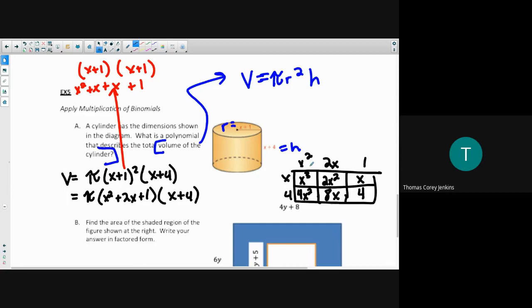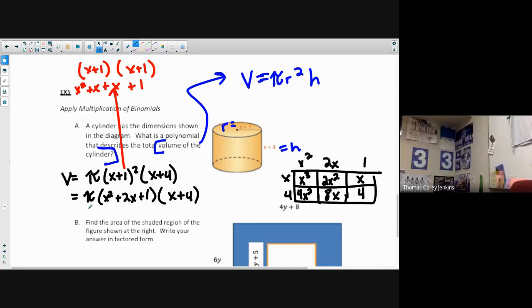Some of them are like terms, so we just want to make sure we don't repeat those like terms, okay? So overall, we'd have pi times, you have x cubed. I'd probably mark these out as I went. X cubed. You have 2x squared plus 4x squared, so plus 6x squared.